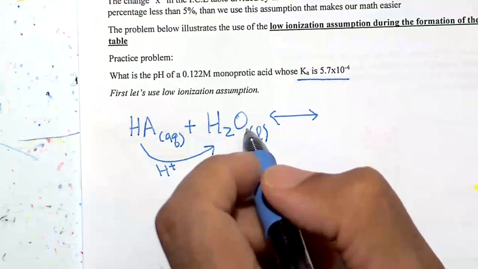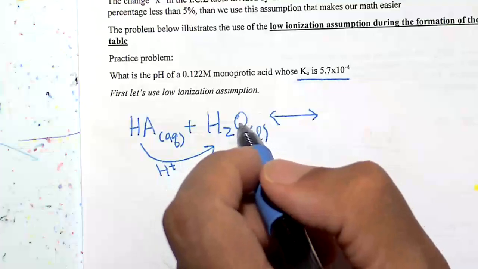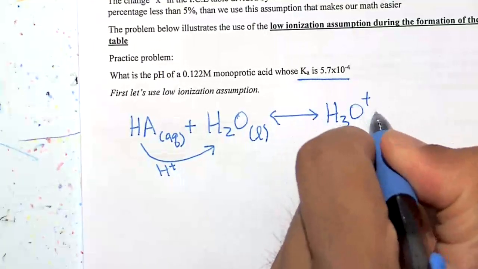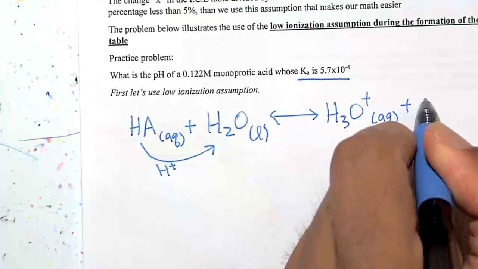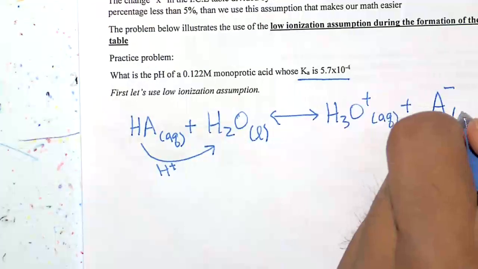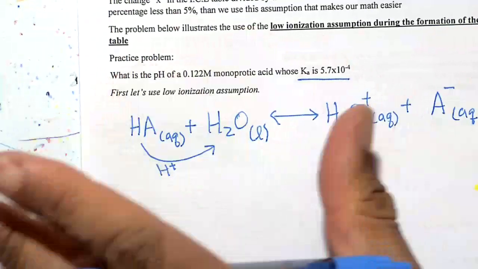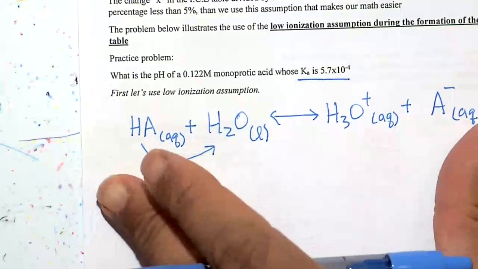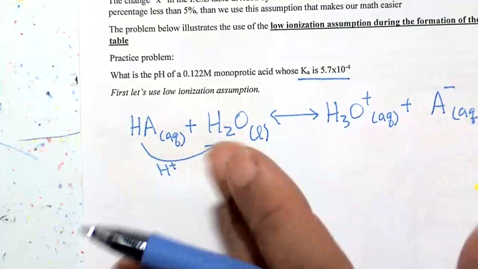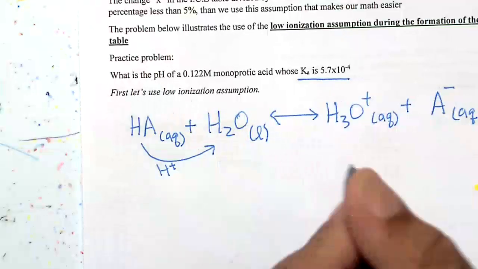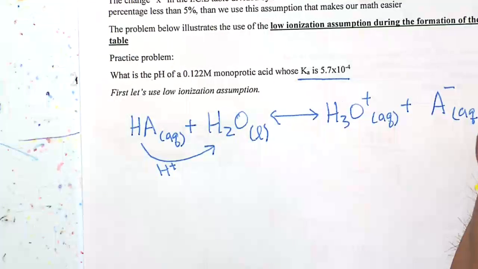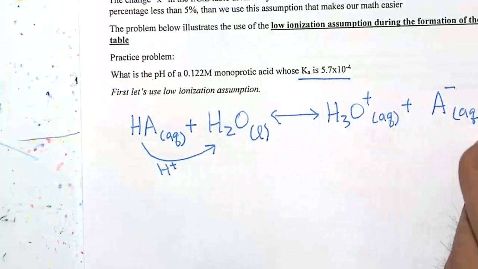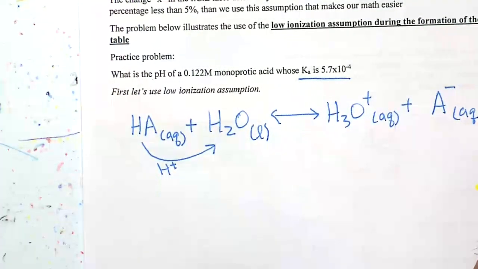This H2O picks up that proton, and then we get H3O plus and A minus. This is generic because we'll do it with real acids, but this is the first thing you need to write. It's not a strong acid because it's not one of the 6. And this is the first equation that you have to write because this acid is going to react with water, the solvent. And this one has a Ka of 5.7 times 10 to the minus 4.